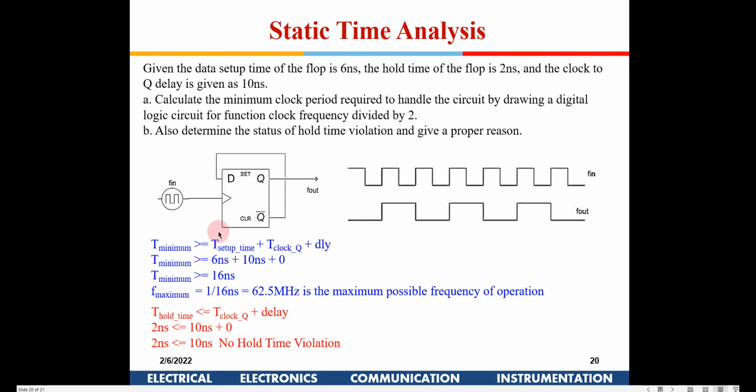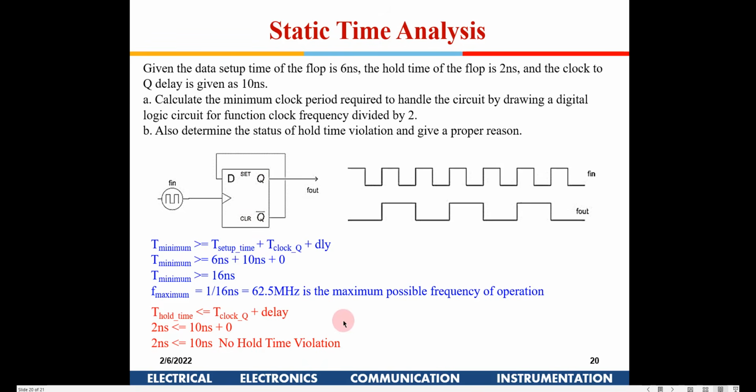Whereas once the data is sampled, the new data which would come here will be after 10 nanoseconds, because the propagation delay here is 10 nanoseconds, whereas the data needs to be held only for 2 nanoseconds because the hold time is given as 2 nanoseconds. The time taken for this new data to get refreshed here is 10 nanoseconds. So there is no hold time violation in this case. This circuit can work perfectly fine at this particular frequency in this configuration.